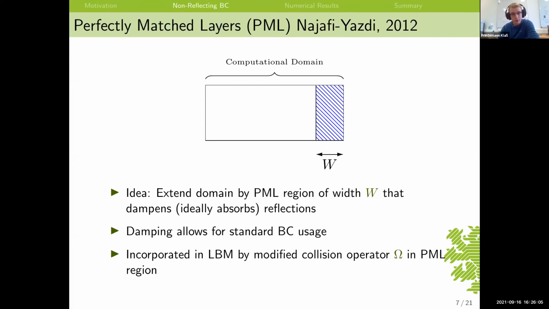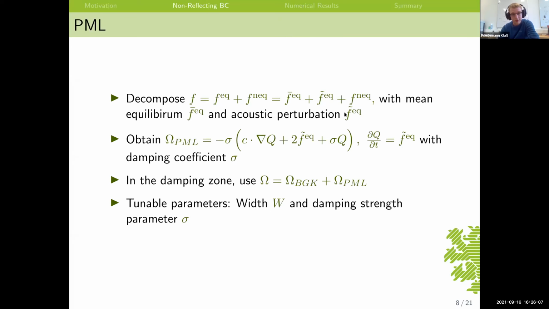And to maybe give quickly just very few details about how this is working. I already mentioned we will modify this collision operator. What one does is decompose the distribution F into equilibrium and non-equilibrium parts, and then also split again the equilibrium distribution into a mean equilibrium and some acoustic perturbation from this mean equilibrium.